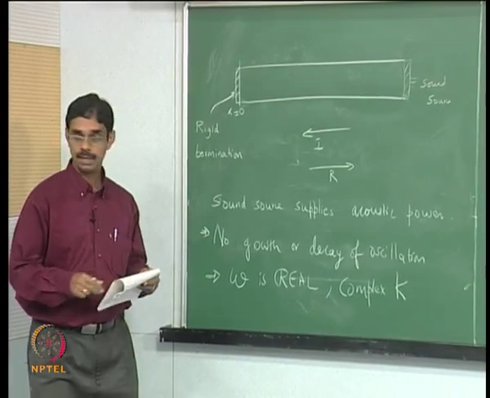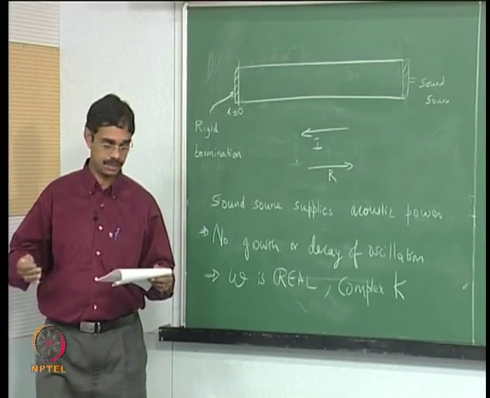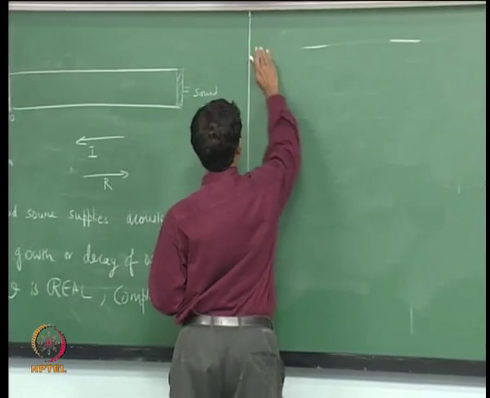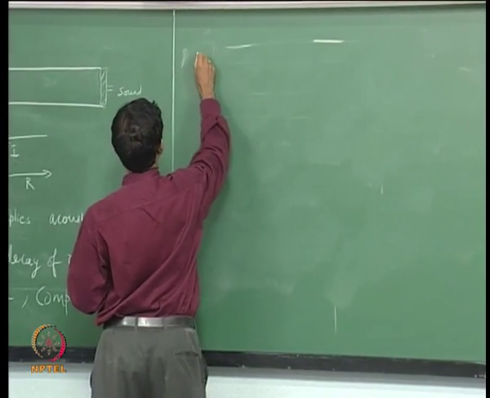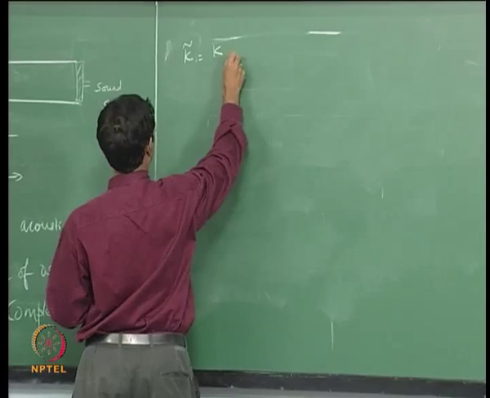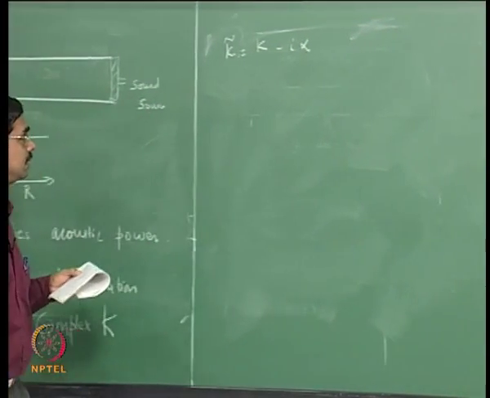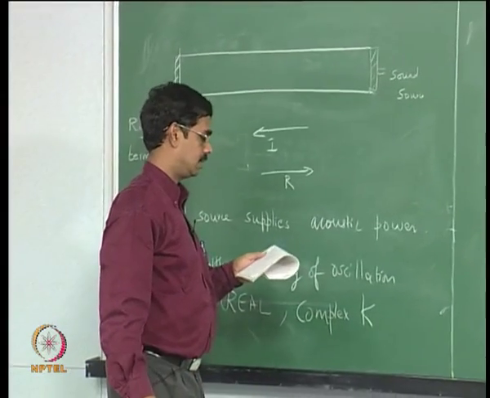So we will write this complex number as something real plus something imaginary. So let us call the wave number k tilde, which is k minus i alpha, and it will be clear why it is convenient to choose such a form.